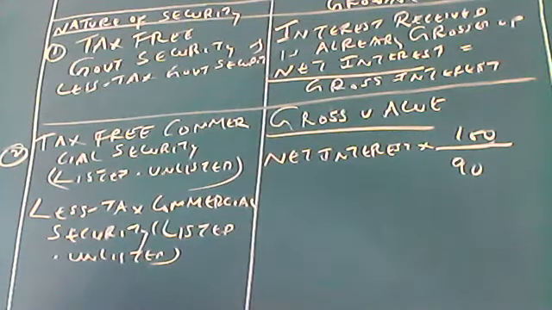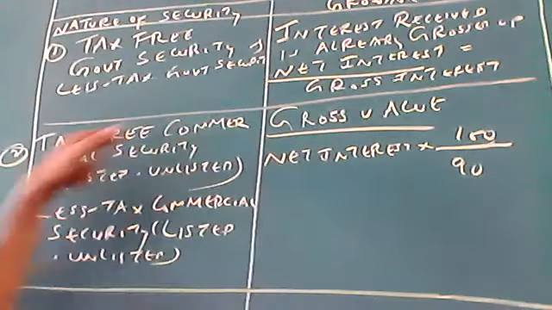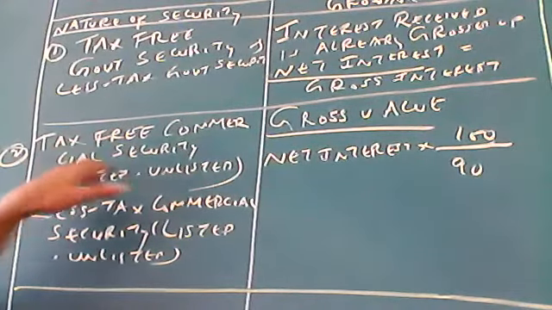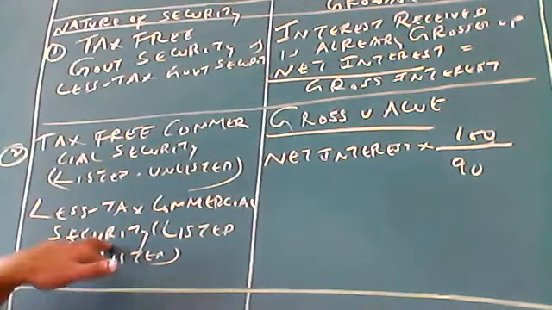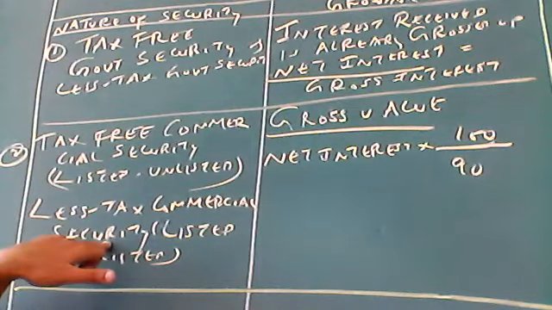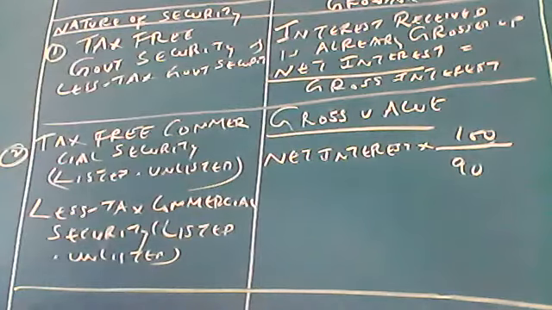So this formula applies in case of tax-free commercial and less tax commercial. Commercial is issued by the private agencies, private companies, private authorities, or private organizations. Government security is issued by the state government or central government or RBI or any nationalized banks.